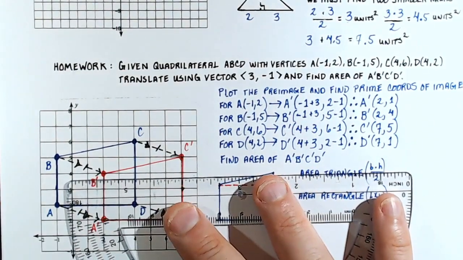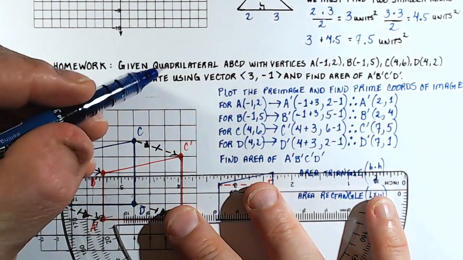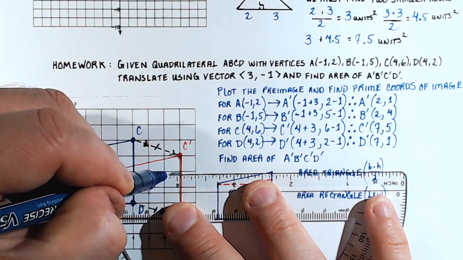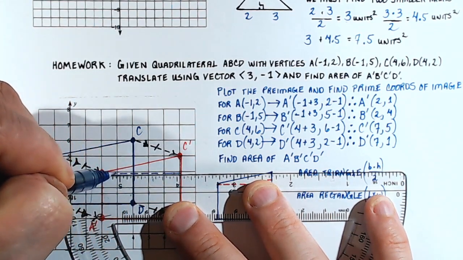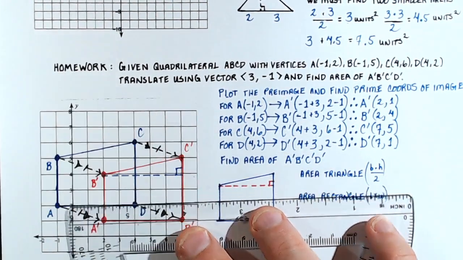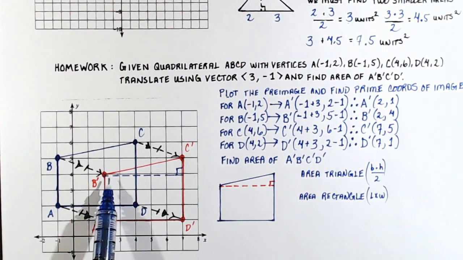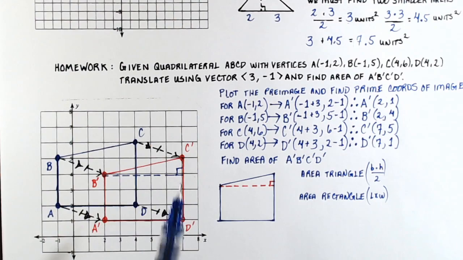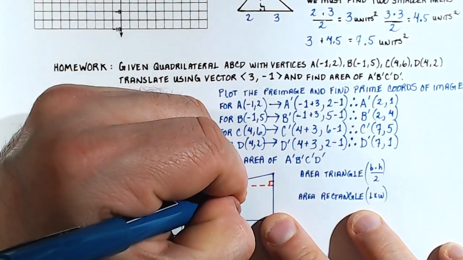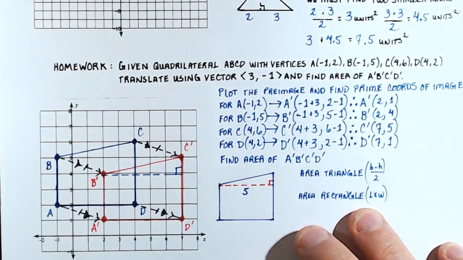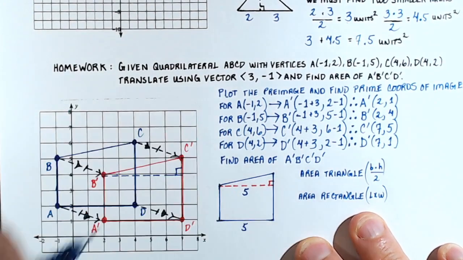If I put this dotted line in here on this image, and put in that right angle symbol, I see that there are 1, 2, 3, 4, 5 spaces. So this would be 5, and that means this would be 5.